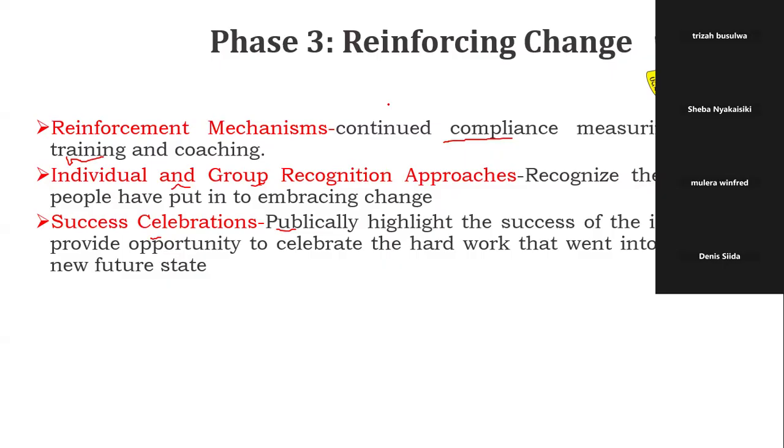So when users reject a system, it's not that they are rejecting the change, but that the usefulness they are seeing is not good. You tell them, I'm giving you a system that will ease your work and speed up the processing, but when they get down to using it, they find it slower than the paperwork they were used to.